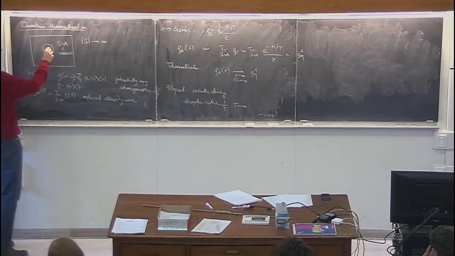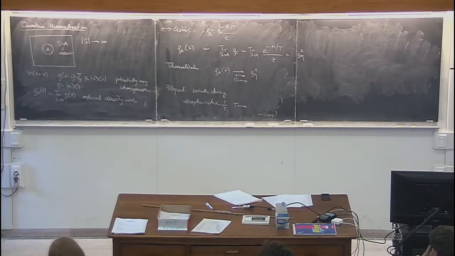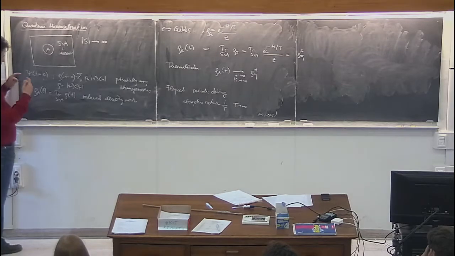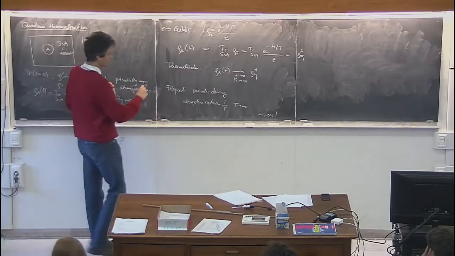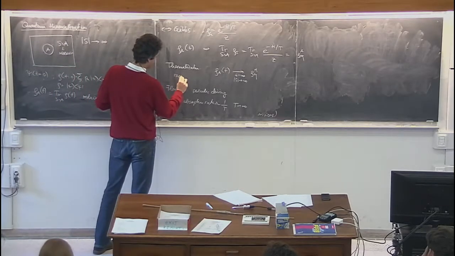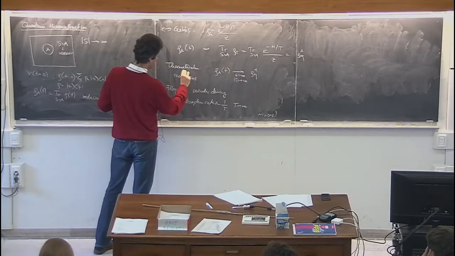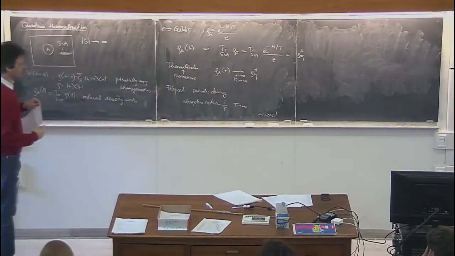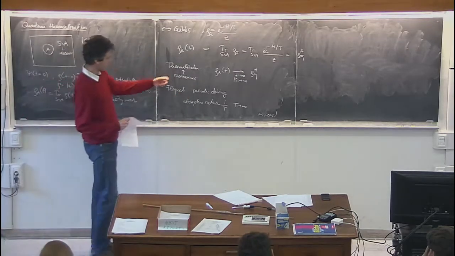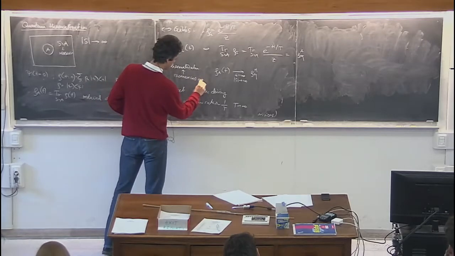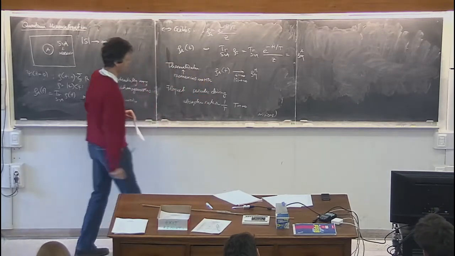You want the configurations inside A to really change forever because of processes that take place. It's not so important that you exchange energy, that comes along with the fact, but what is really important is that you have resonances here to have thermalization. So that's really what drives thermalization. And if you kill the resonances, which is what happens in MBL, then you don't get thermalization, in a nutshell.